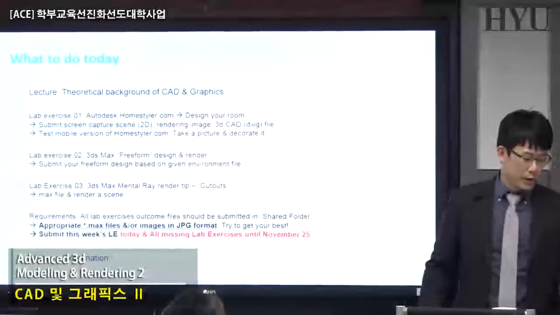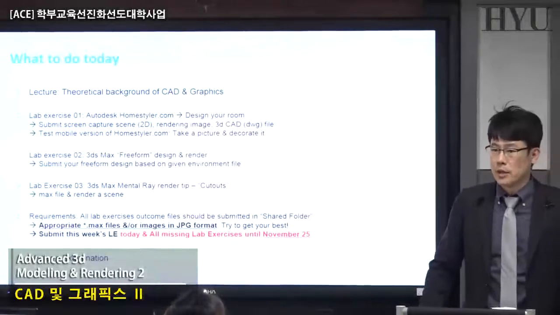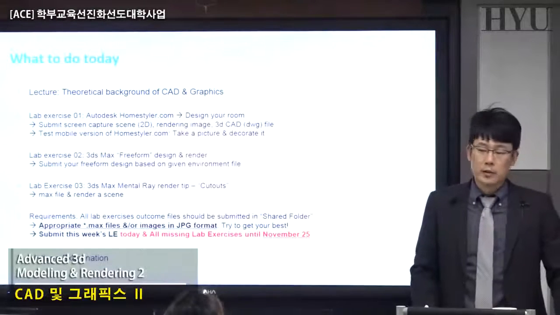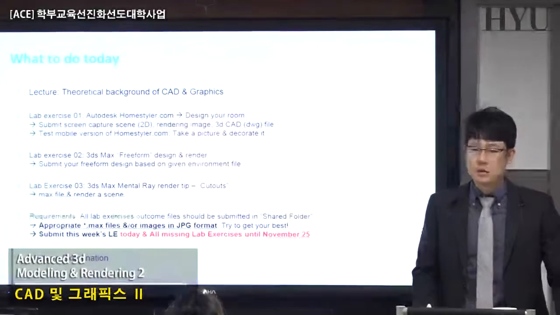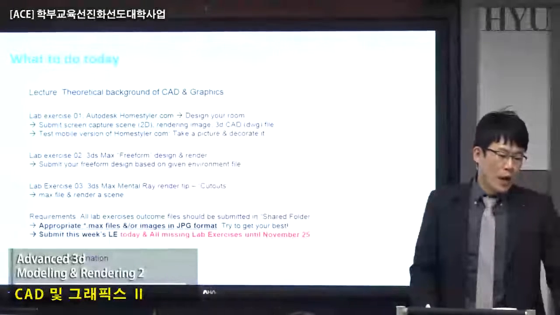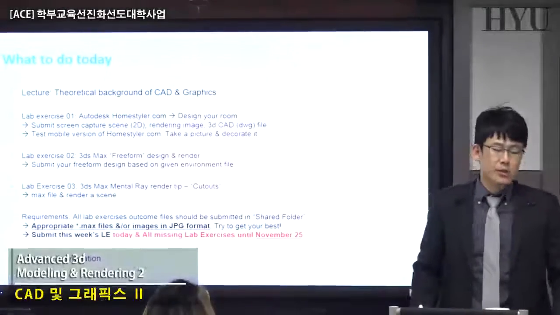Quickly review what to do today. The theoretical background of CAD and graphics, as the second class of advanced modeling, geometric modeling, and visualization and rendering issues. I told you the term modeling in this semester is geometric modeling.